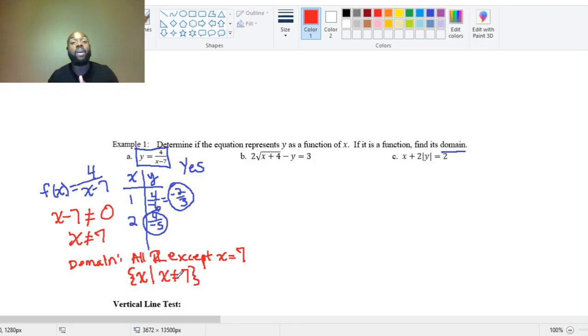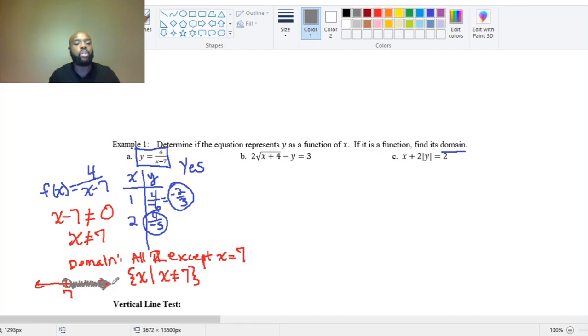Now I'm going to show you how to write this in interval notation. In interval notation, you got to think about a number line. Let me make sure you guys can see this. If I were to put a number line, notice 7 can go on that number line because that's what x cannot equal. Whenever you want to skip over a value in your number line, you usually use an open circle if you don't want to include it. And then you shade in all the other values where you want your solution to lie.